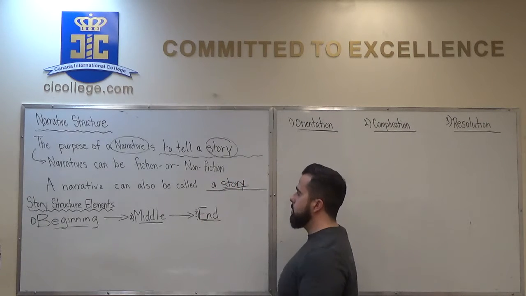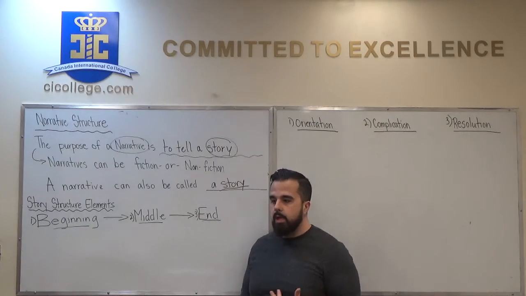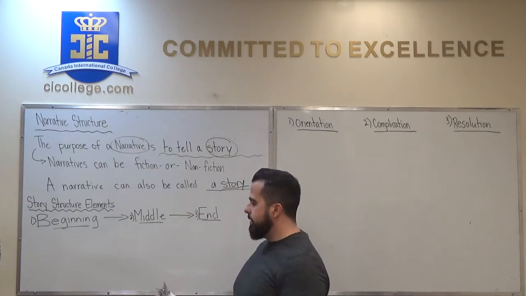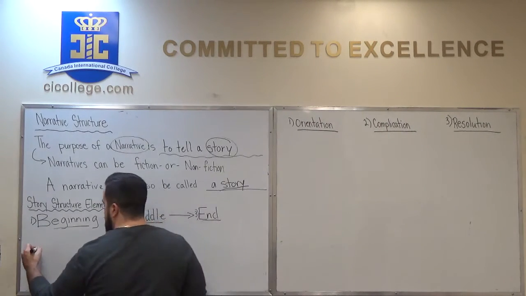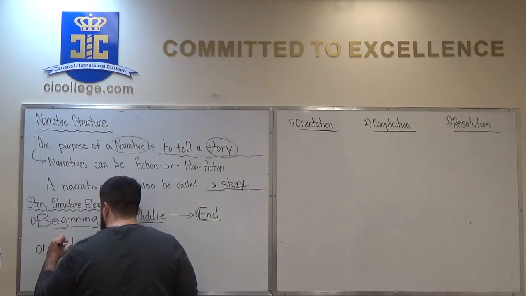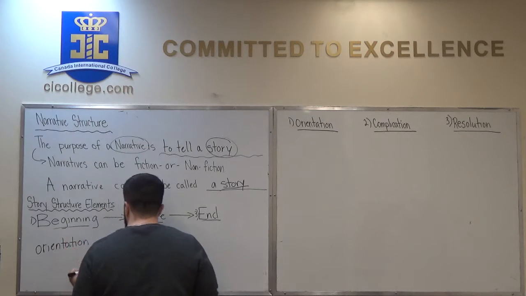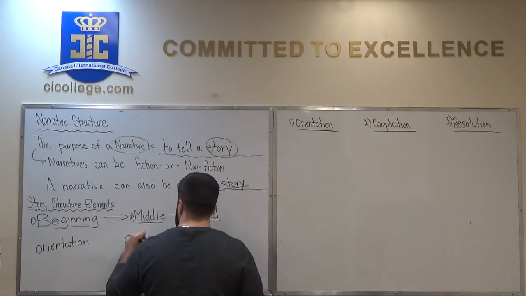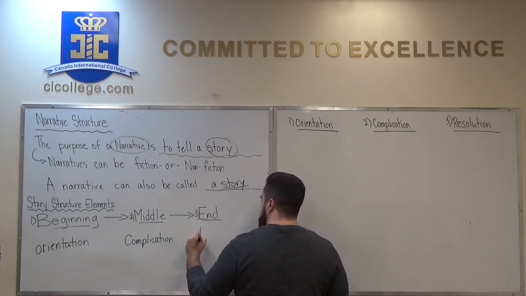So what is the structure of a story? We often think beginning, middle, and end, right? Well, another way of putting it is orientation, complication, and resolution.